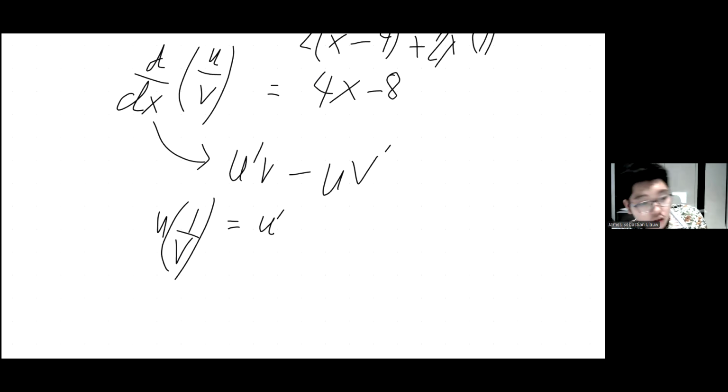Back to this. So u prime times 1 over v, minus uv prime, over v squared. And you can actually derive this because this is u times 1 over v.